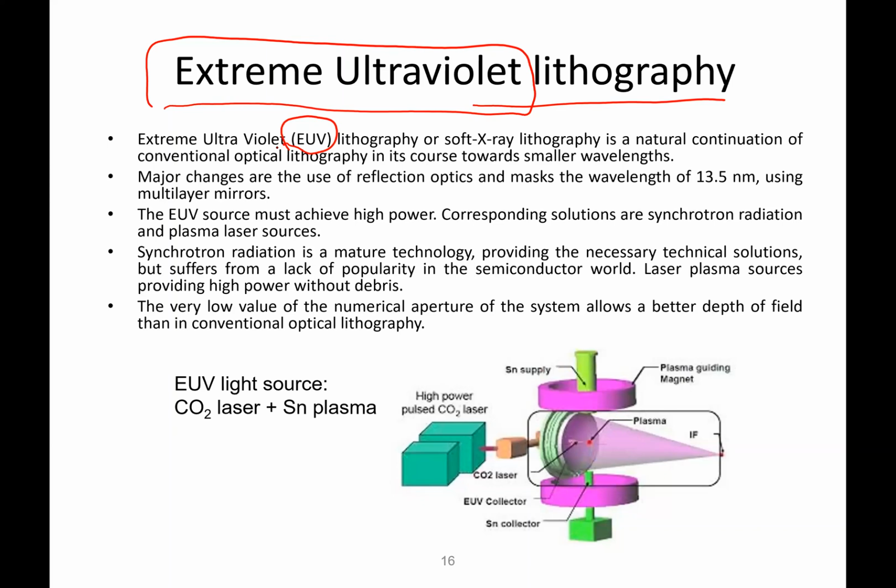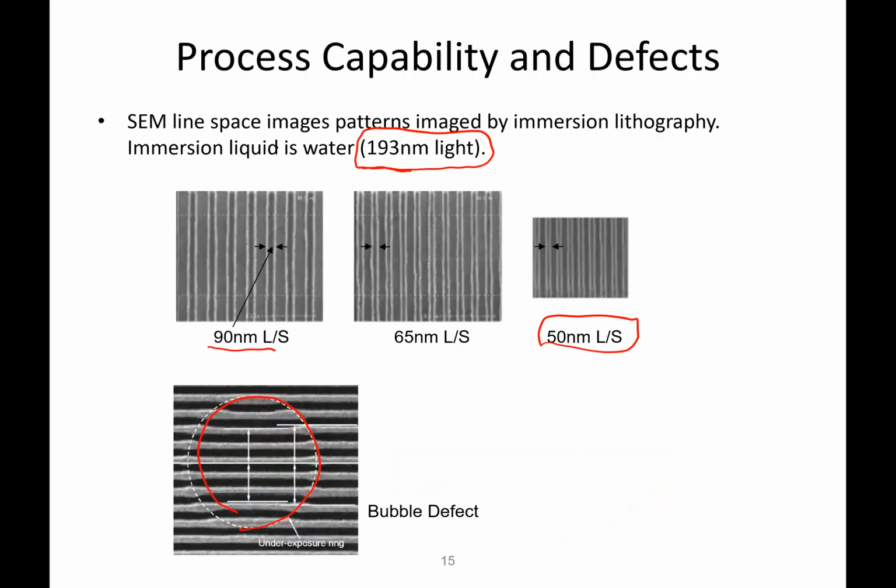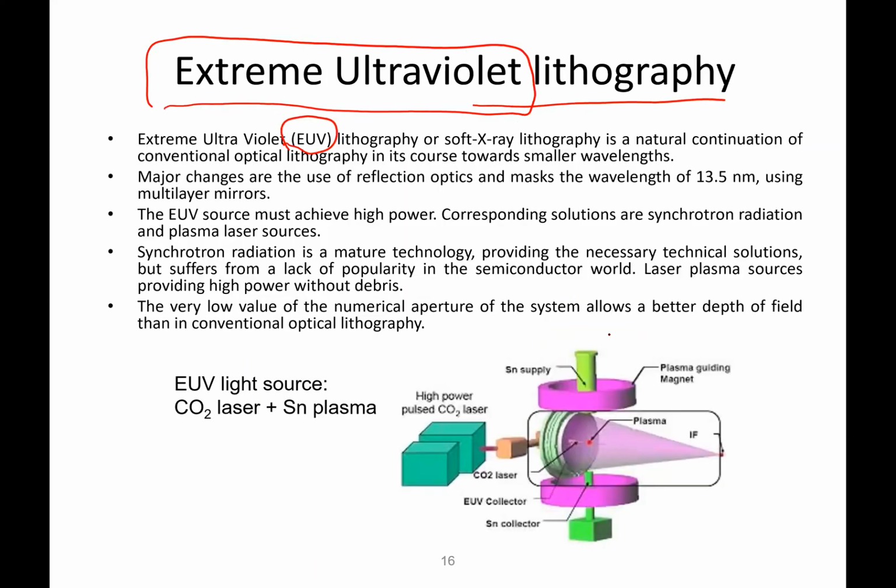When Intel advertises, they talk about 5 nanometer technology transistors being developed in their company. Even though extreme UV lithography can do down to 50 nanometer, and in some cases around 40 or 30 nanometer, that is very challenging. To realize those few-nanometer transistors, extreme UV lithography is critical.